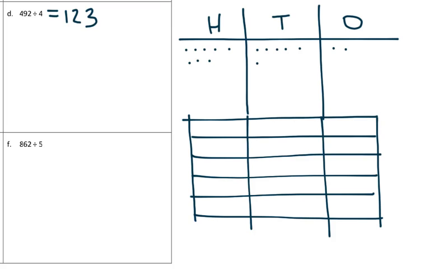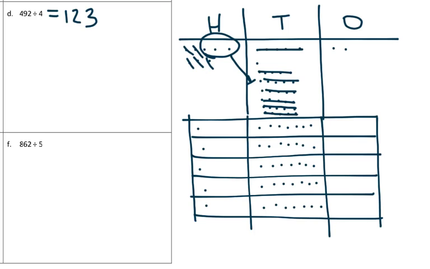Again, we're going to move our hundreds down, and I have 3 hundreds left over, so I'll unbundle those 3 to tens to give me 30 tens. Then I'm going to distribute my tens down into my 5 rows. That was 7 in each of the rows, and I have 1 ten left over, which is 10 ones. I'm going to distribute my ones. That took care of those 10, and I have a remainder of 2.